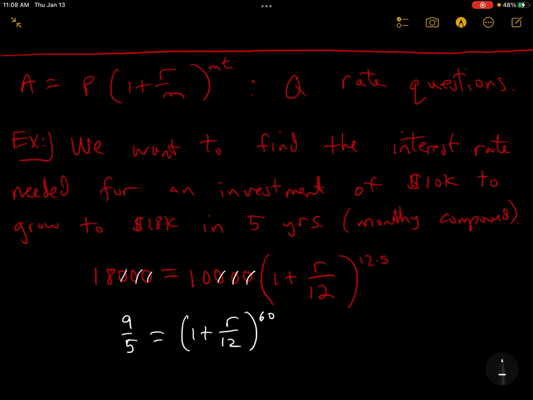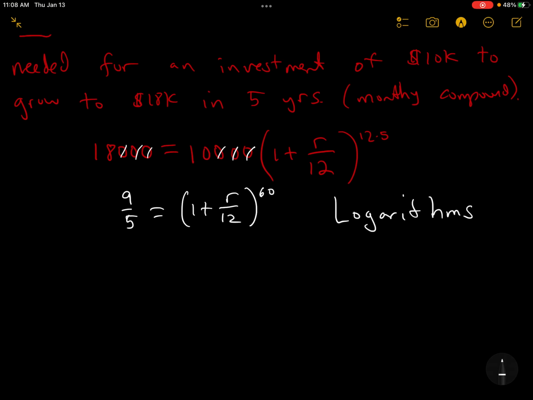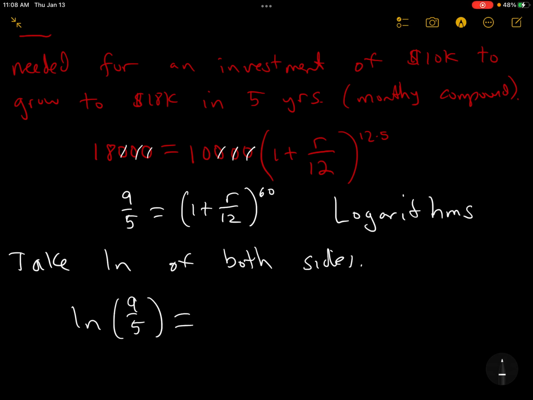It's no small feat, and for that we need logarithms. I'll almost exclusively use natural log, which is ln. So we take the ln of both sides. So I have the ln of 9/5 equals the ln of (1 plus R over 12) to the 60.